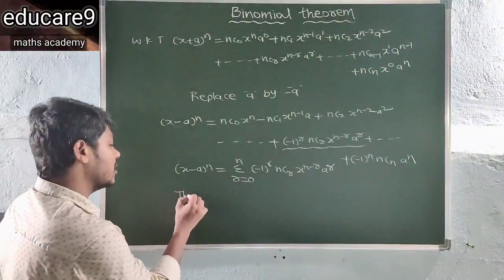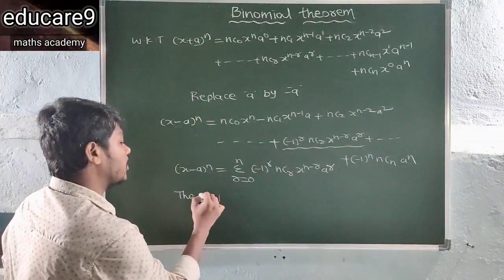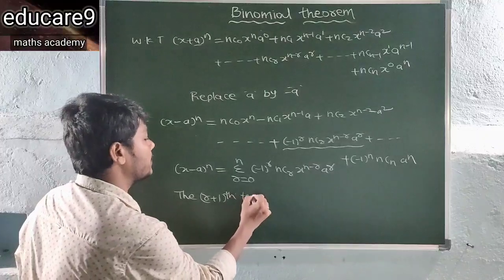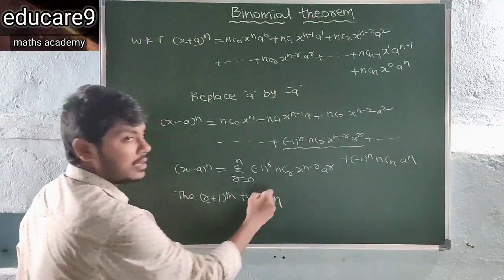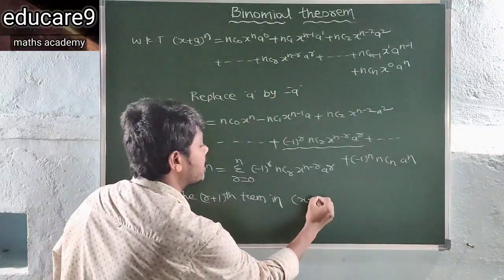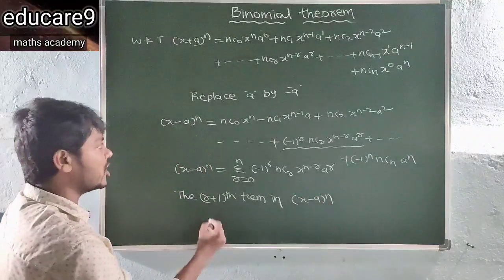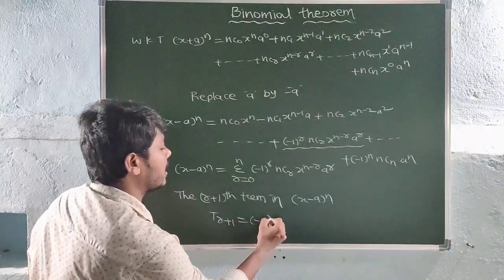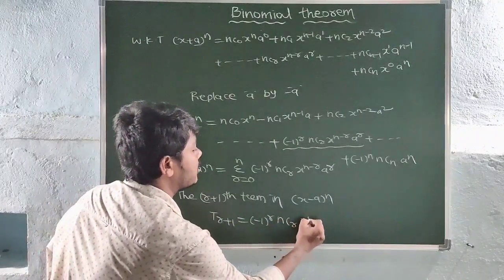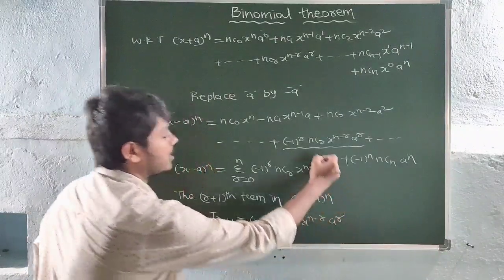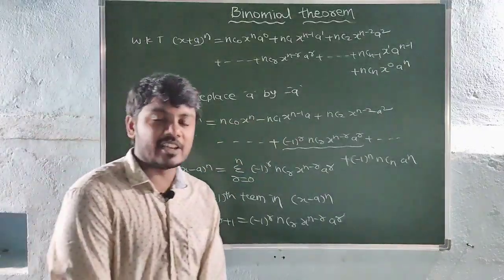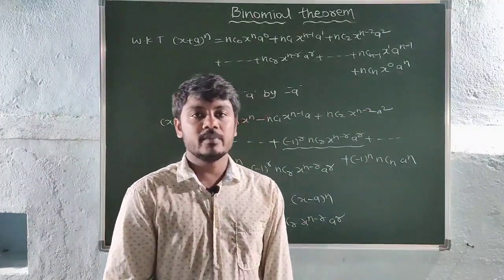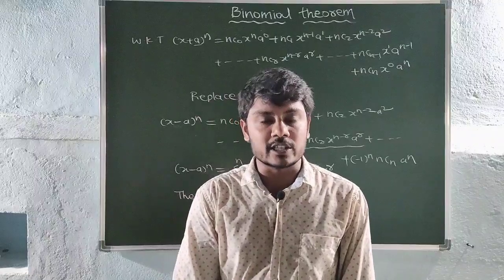So therefore the (r+1)th term in the (x - a)^n expansion is T(r+1) equals (minus 1)^r nCr x^(n-r) a^r. Okay, so this is the concept of binomial theorem. So for the next session we will discuss more concepts.